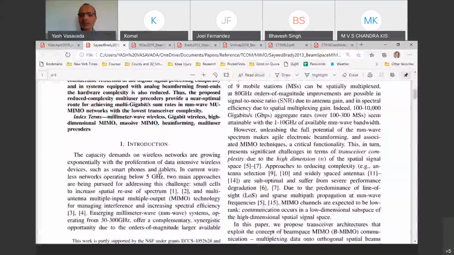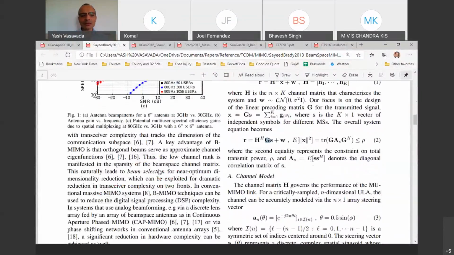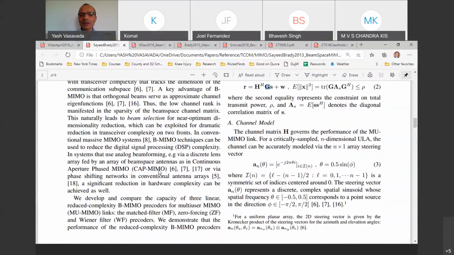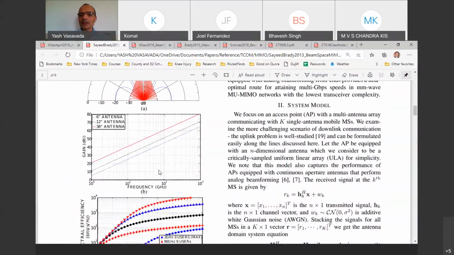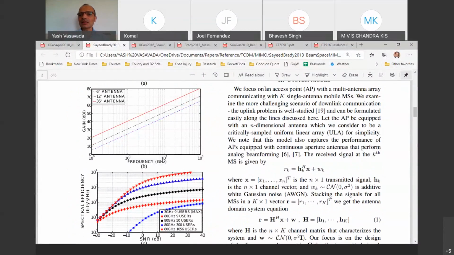I can't find it here, but I'll put this paper also on our classroom. Yeah, this is a sentence which implies that they're doing transmit side beamforming.